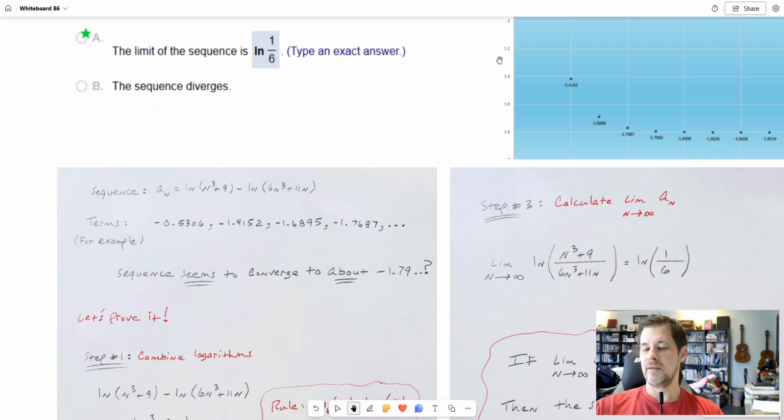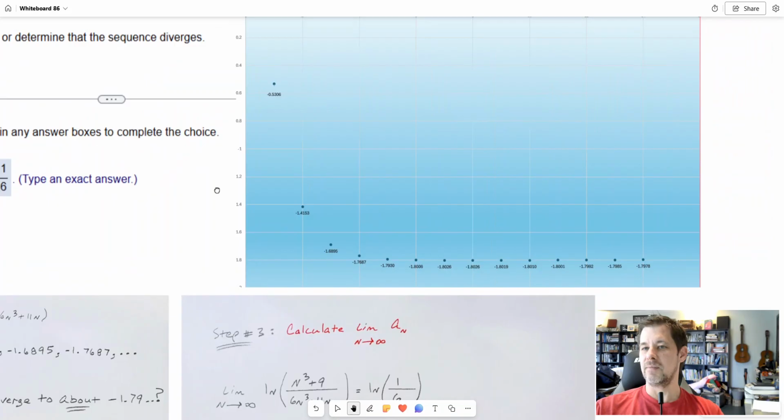But to take that a little further, I even plotted these terms of the sequence on a graph so we can see even better by visual pattern that yes, every term in the sequence seems to be getting closer to something. They're progressively closer, one at a time, to something, and that something is whatever the sequence converges to. Whatever this number is, see on my grid here, that's about negative 1.79 or 1.8.